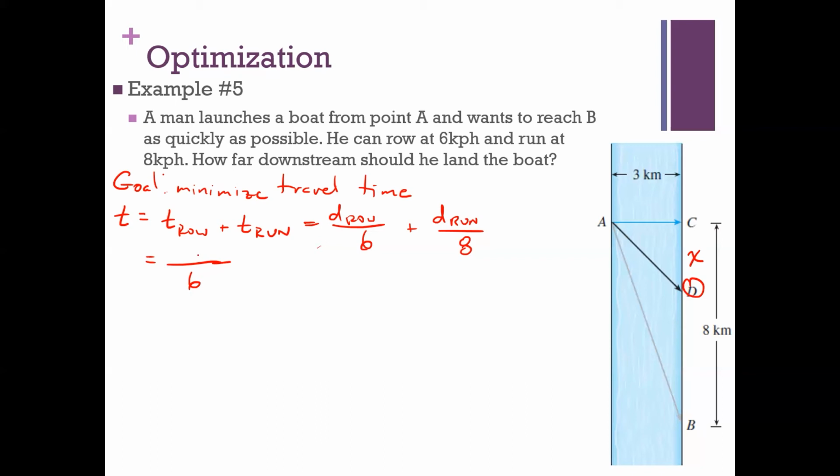We know that the vertical leg of that right triangle is X. What's the horizontal leg of that right triangle? 3. That's a constant 3, right? The river has a constant width. So this distance is going to be the square root of X squared plus 3 squared.